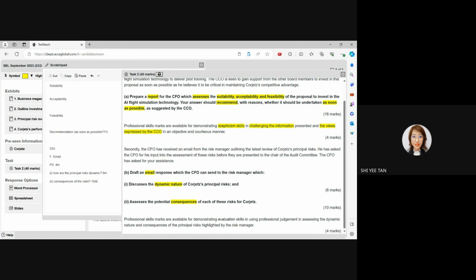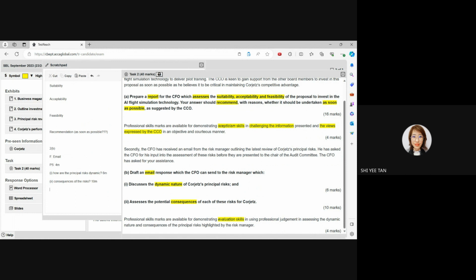Professional skills marks are available for demonstrating evaluation skills in using professional judgment in assessing the dynamic nature and consequence of the principal risk highlighted by the risk manager. When they say evaluation skills, what does it mean? It means you are supposed to tell the consequence, to foresee how this thing would affect the company.